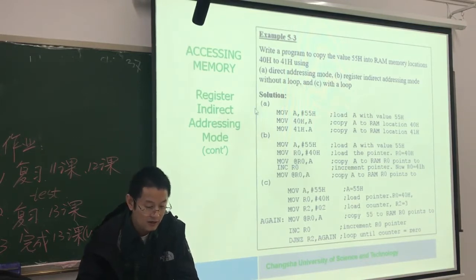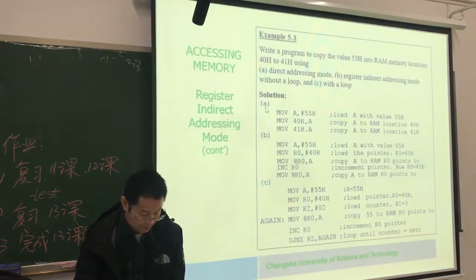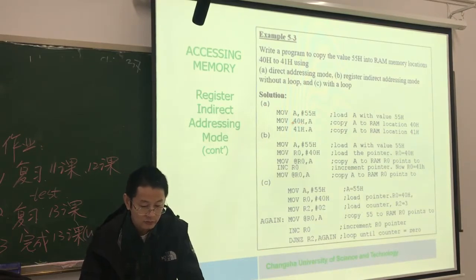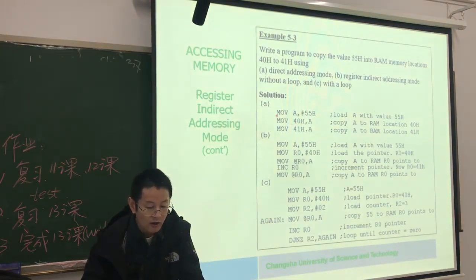These are three solutions. Solution A just uses the MOV directive to copy the value 55H to RAM locations 40H and 41H, using the direct address model.